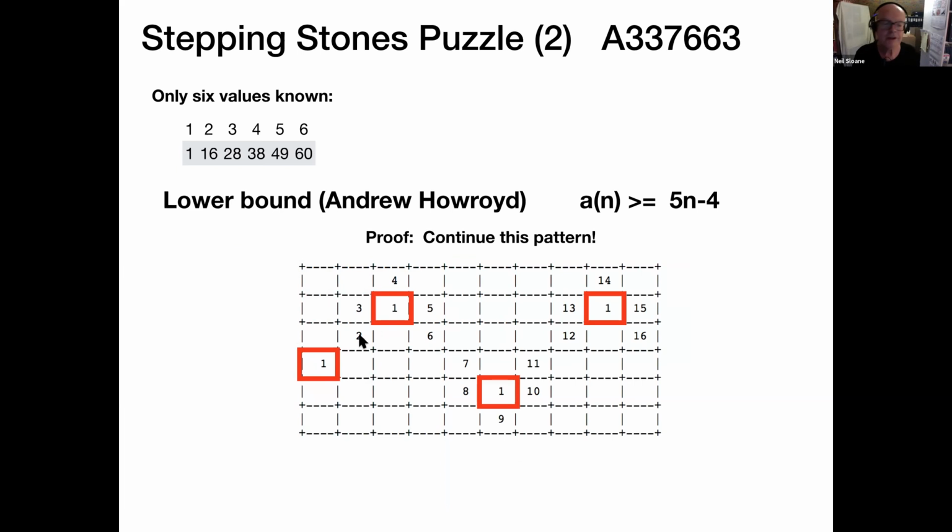Once you put the 2 there, you can put a 3 and a 4 and a 5 and a 6 there. And then if you put the next 1 away, you can put a 7 there, and you get a 7, an 8, a 9, 10, and 11. And then if you put the next one there, you can get a 12, 13, up to, and then you zigzag, and that gives you 5n minus 4. Very nice lower bound construction.